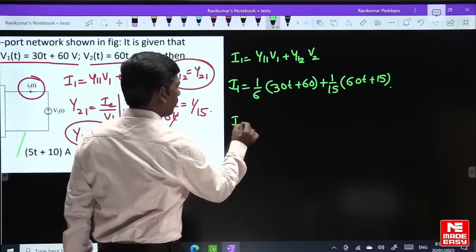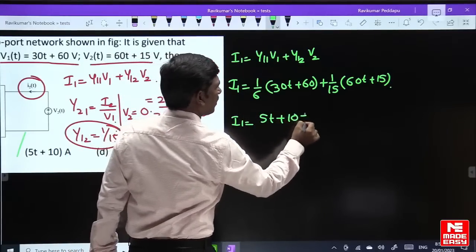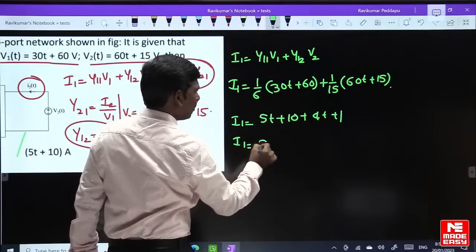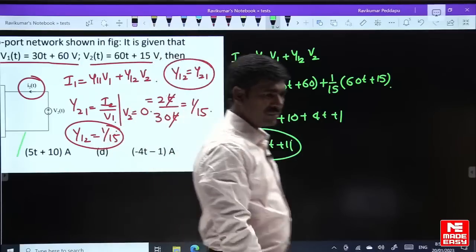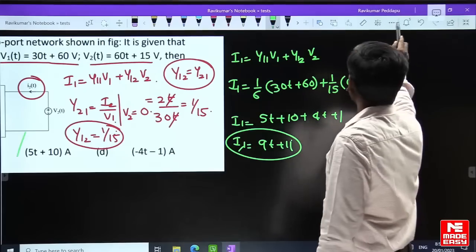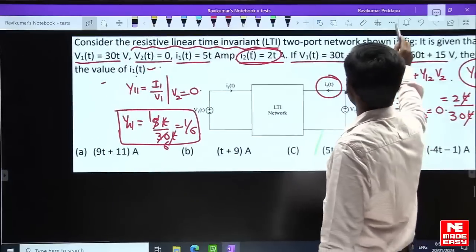So I1 is equal to 5t plus 10, plus 4t plus 1. I1 is equal to 9t plus 11 is the correct answer. A is the correct answer.